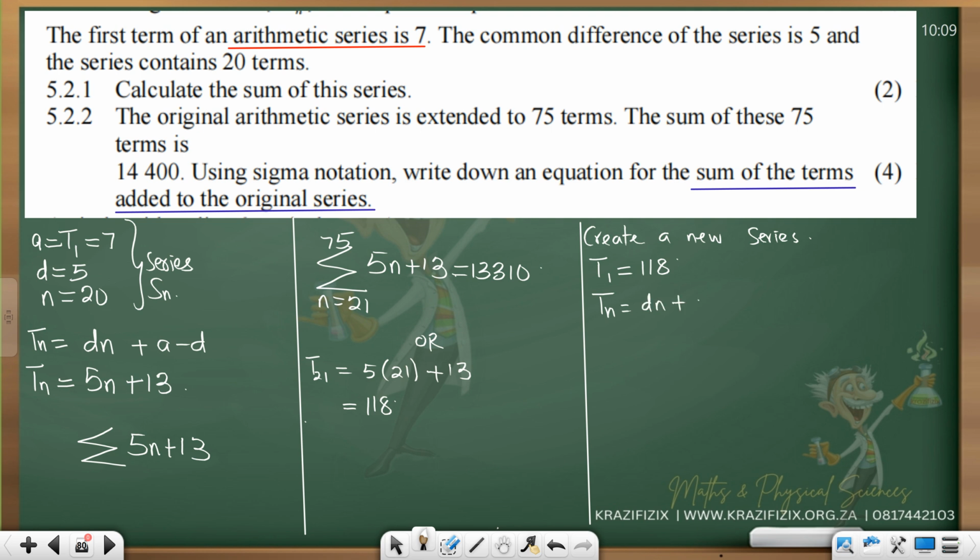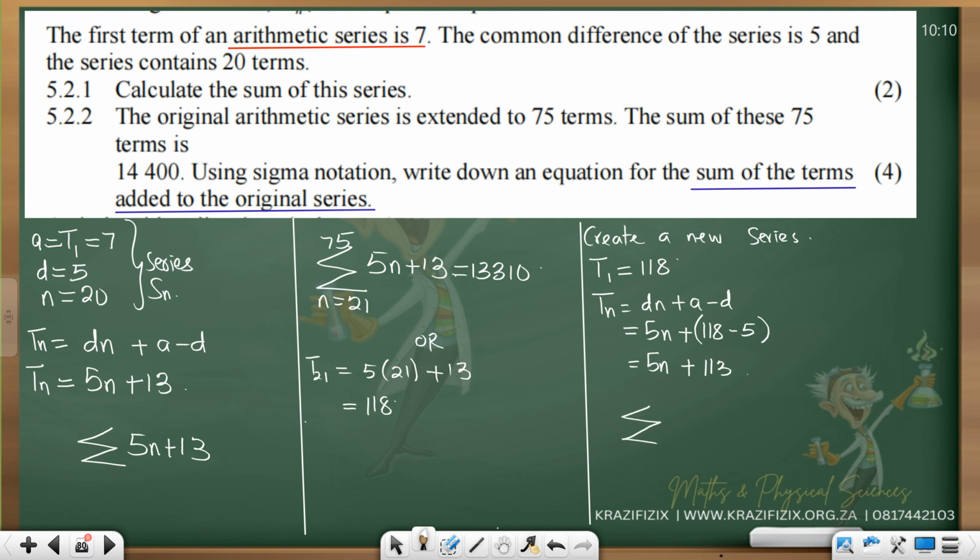Remember, Dn plus A minus D. My difference is still the same, by the way. 5n plus, now 118 minus 5. What would that be? 5n plus, do you notice it has changed from the original Dn? It was plus 13 originally, but now it has become plus, because I am now focusing on term number 21, but it's a fresh one.